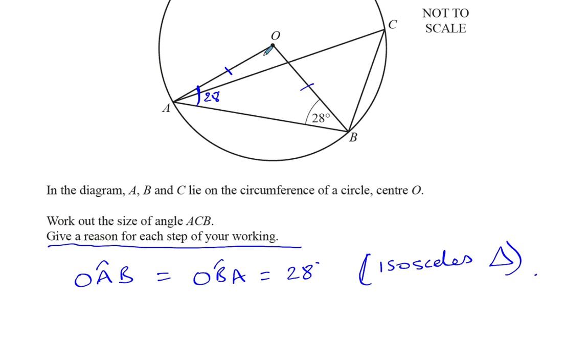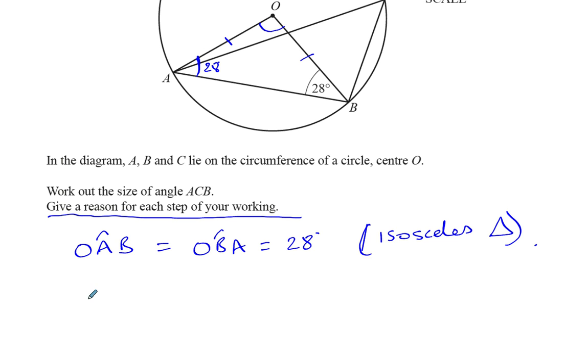Now the next thing I can say is I can find out what angle AOB is because it's in the same triangle. So I can say AOB is equal to 180 minus 28 times 2. There's two 28s there.